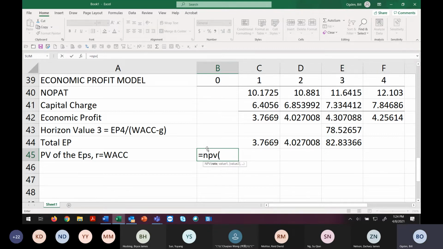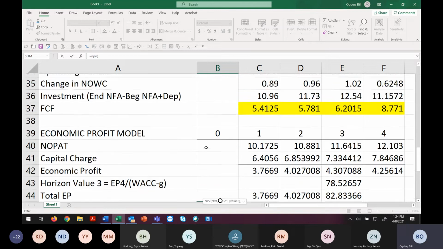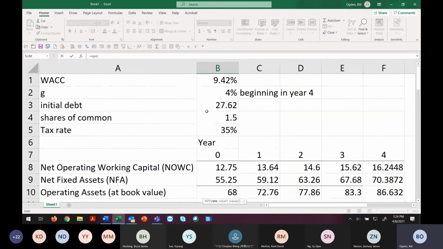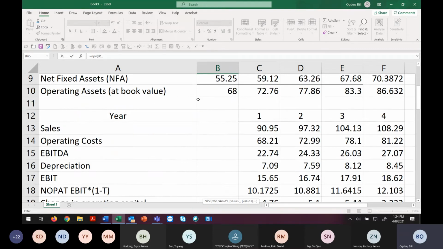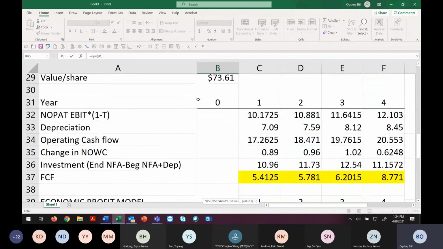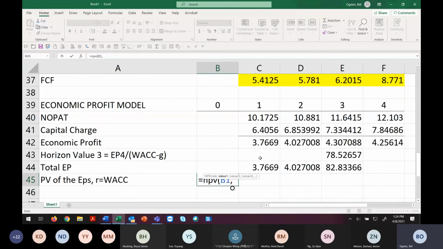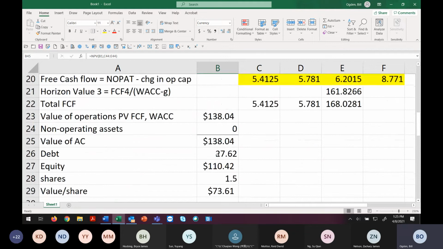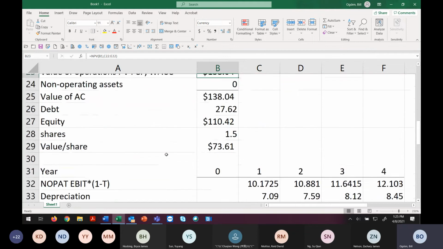So let's start with the WACC, followed by comma, and now the cash flows that you're dealing with. In this case, they're economic profits, aren't they? There we be. All right, 70.04. Now that's not the same as 138.04, is it?